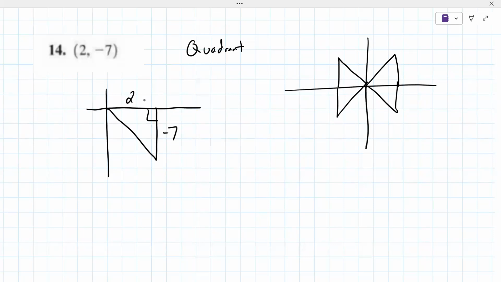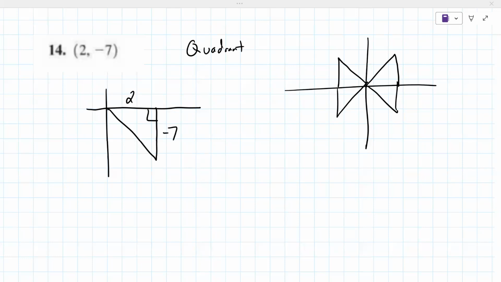And then you also need to find the third side. So that's the Pythagorean theorem. Root 53.